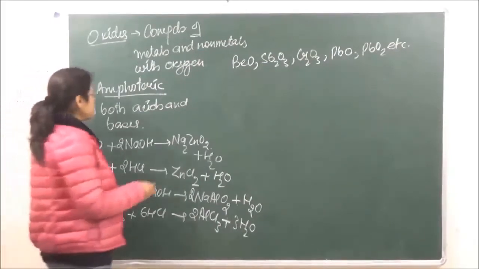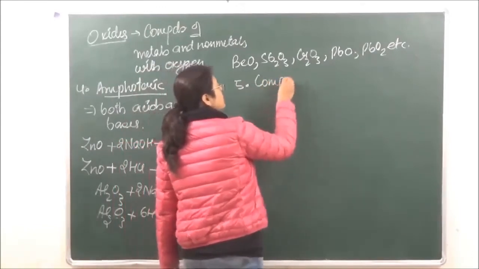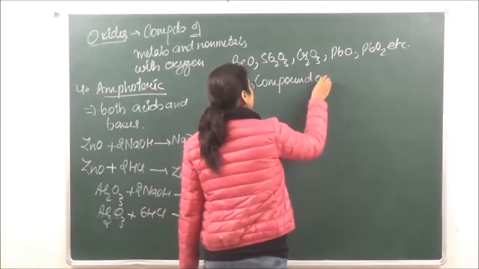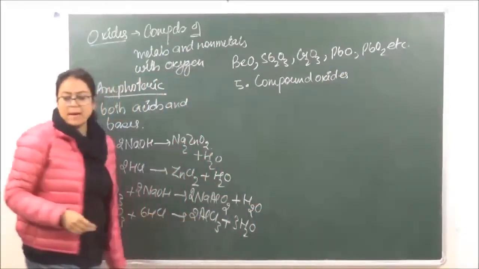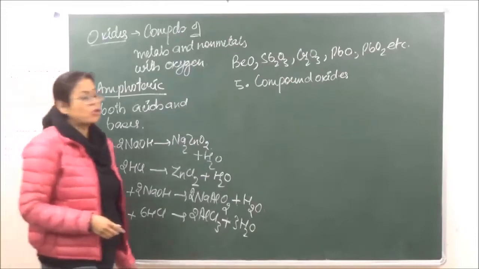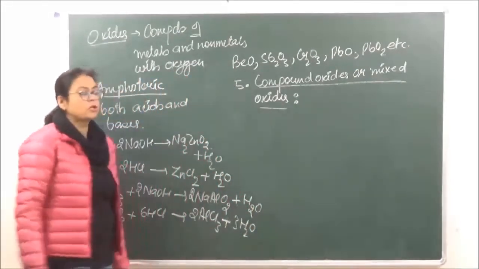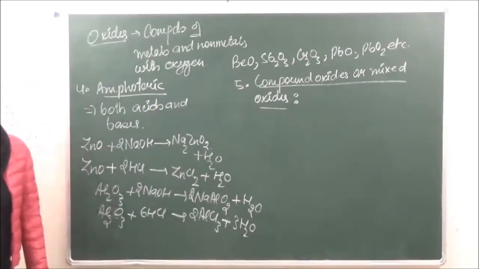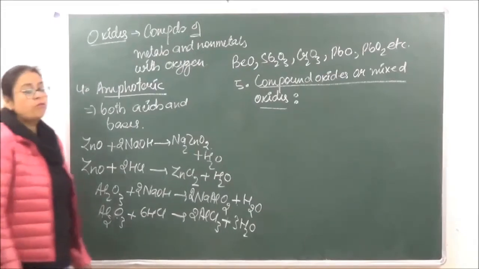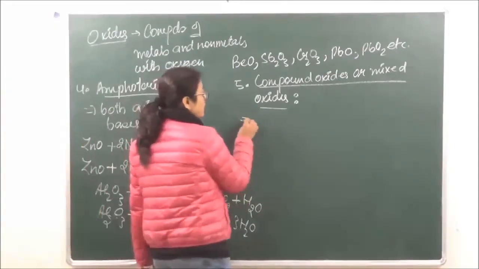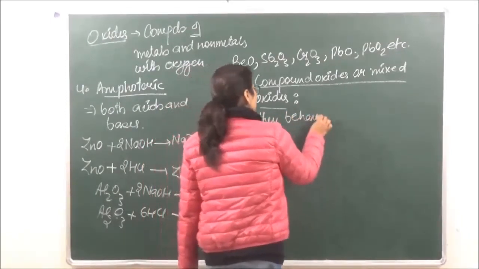Then we have next, what are known as compound oxides, or mixed oxides. Which ones are compound or mixed oxides? They behave as a mixture of two different oxides.